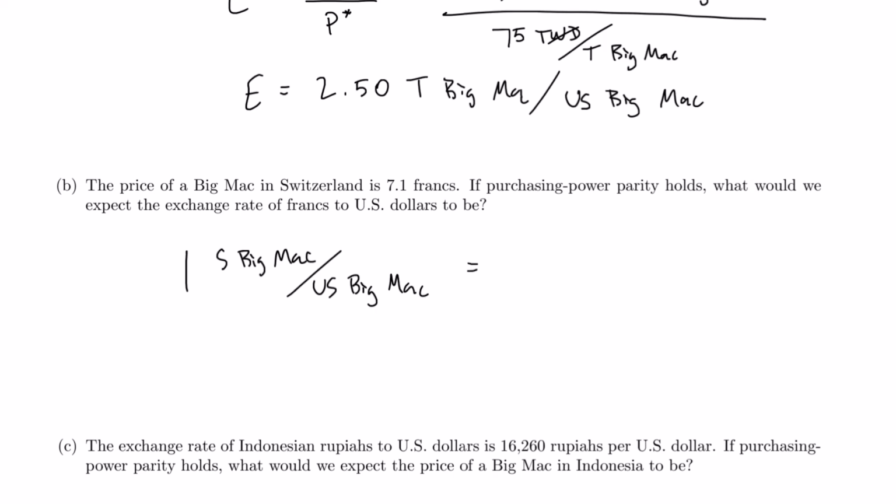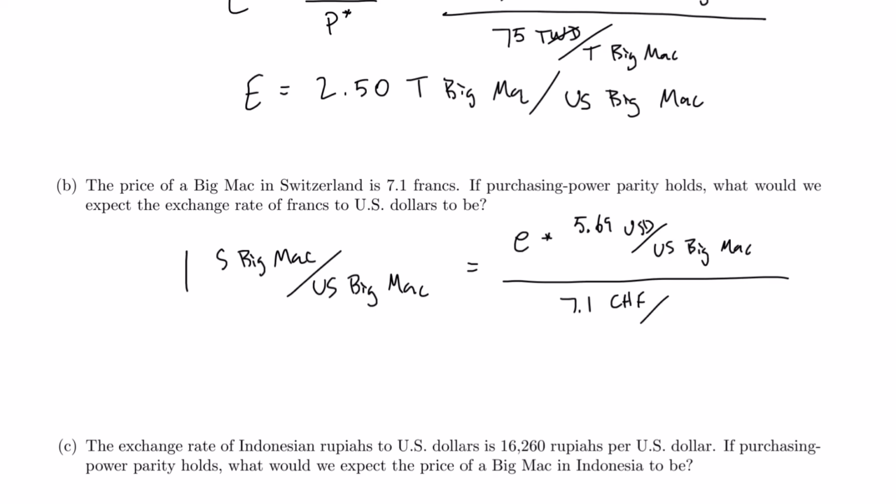That's going to be equal to, using our equation, the nominal exchange rate, which is actually what we're trying to solve for, so we're just going to put E, times the domestic price of $5.69 US dollars per US Big Mac, divided by 7.1 Swiss francs, using the code CHF, per Swiss Big Mac.